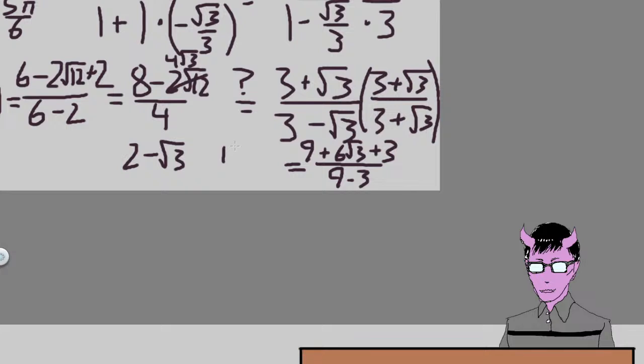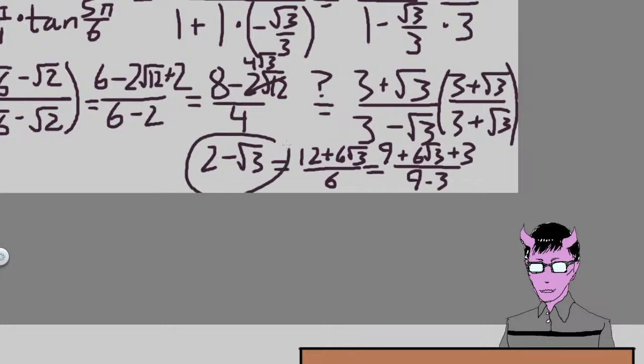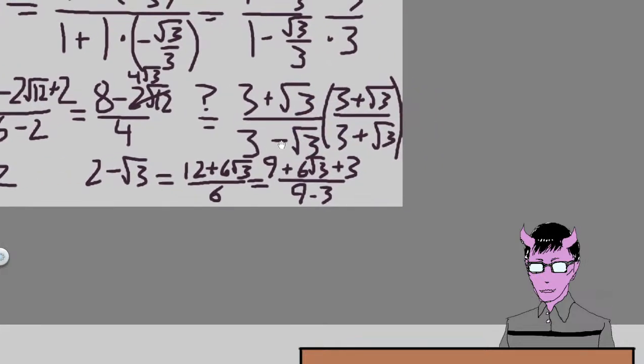Thereby simplifying into 12 plus 6 root 3 over 6, which is indeed this one, because 12 divided by 6 is 2. And then I probably botched the sign, didn't I? Yes, I did. Let me double check something.